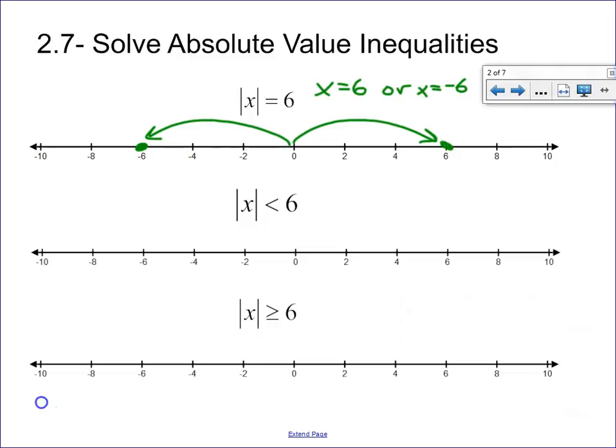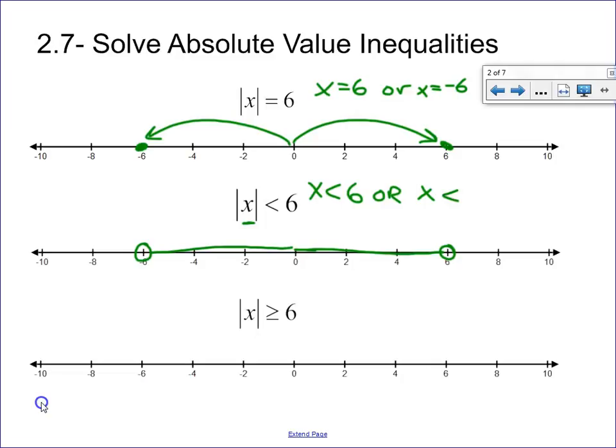Now if we take a look at an inequality, the absolute value of x is less than 6. We're looking at which units are less than 6 away from 0. Well, the furthest I can go would be 6, and anything closer brings us to 0. Or I would have anything that gets up to negative 6.